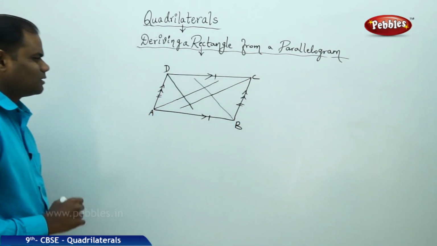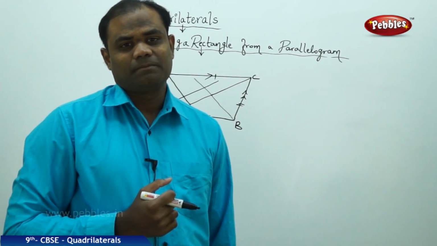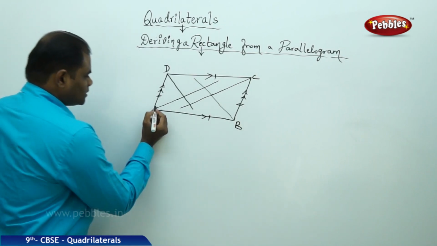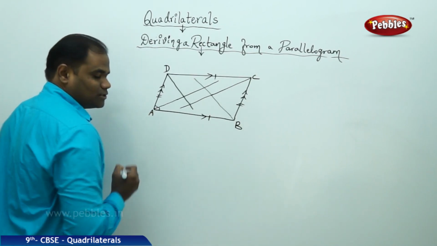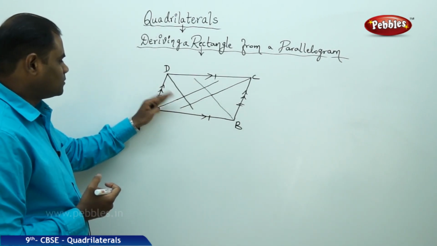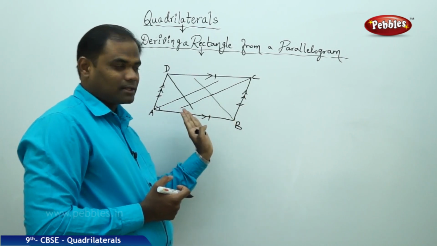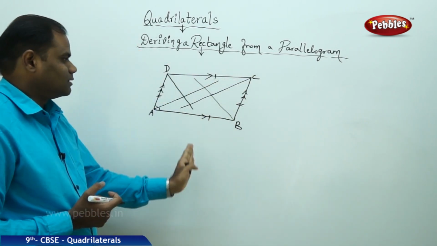So I have taken for each angle of a parallelogram a bisector, that is a line which makes equal angles on either side. Similarly at C and D.